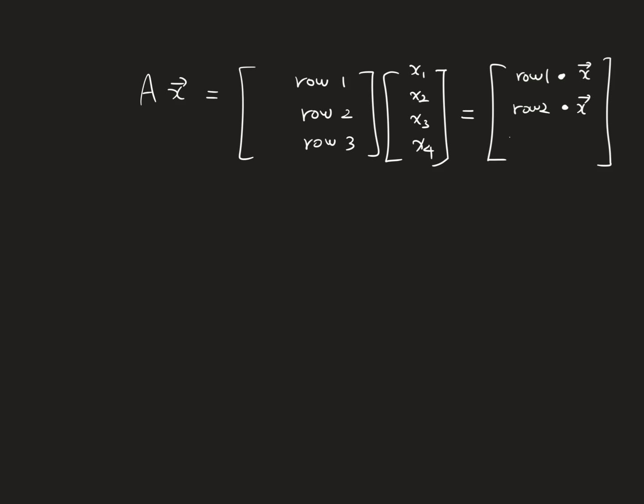The final component should be this dot product, row 3 dot x vector. And this is the row way of how to calculate.